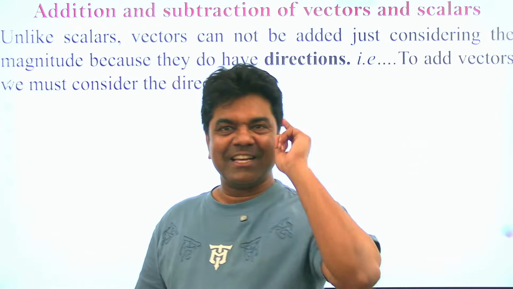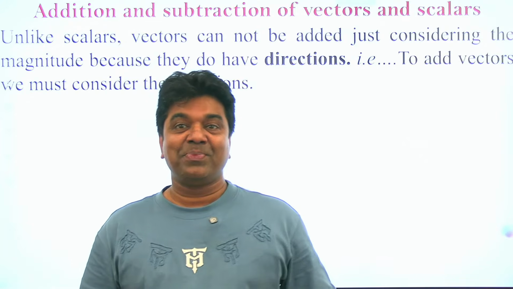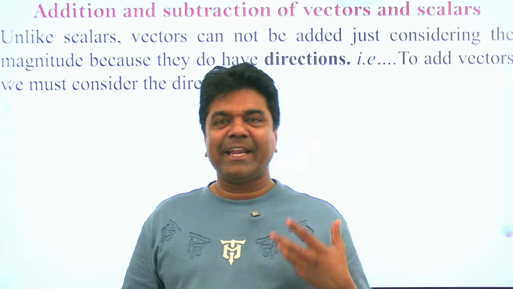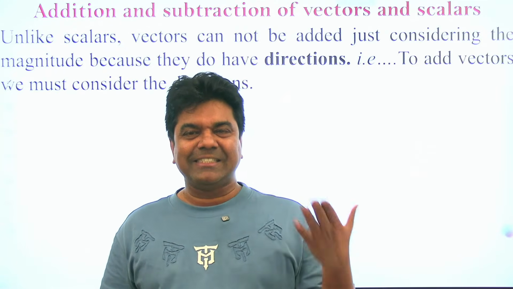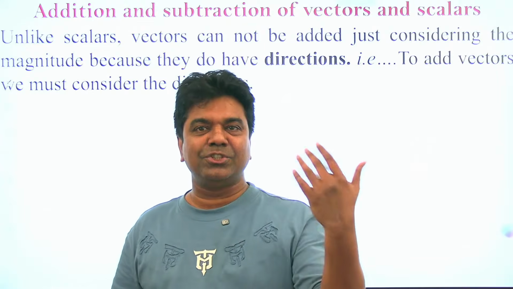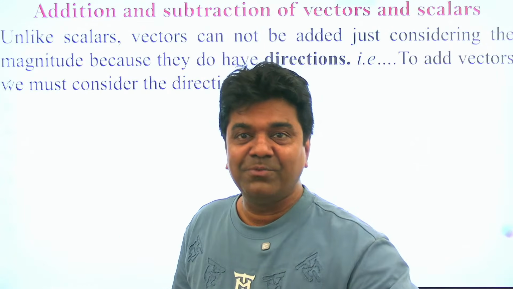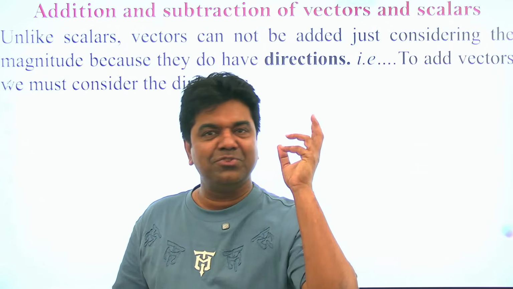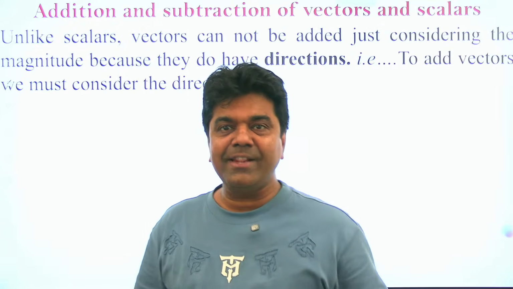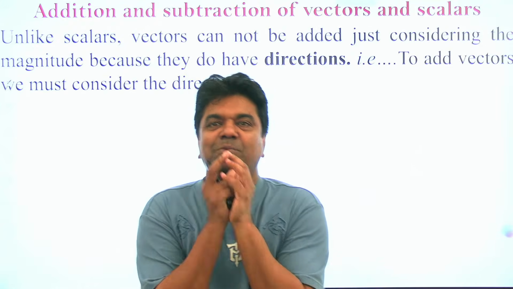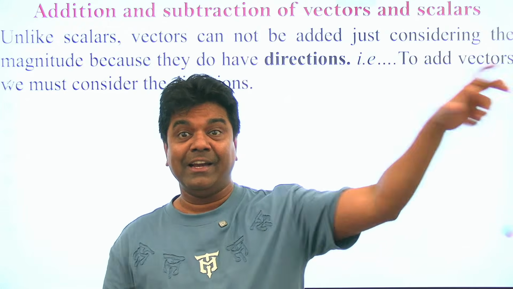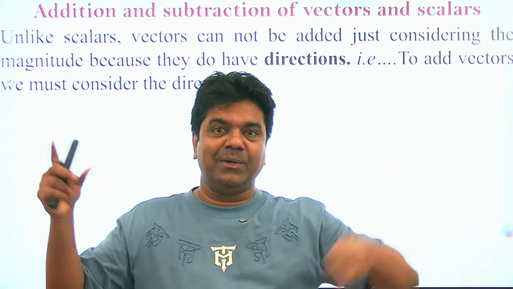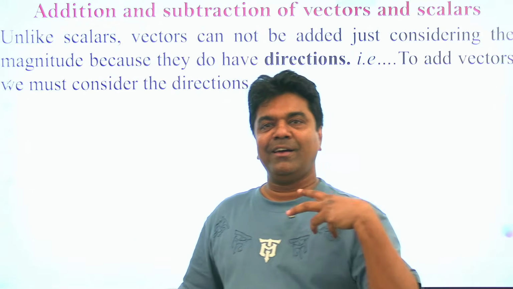So let's take this one by one. Why do we need separate vector addition theories to add vectors? Because for scalars, we just consider the magnitudes and add them. In this case, we consider the vector direction as well when adding the magnitudes.